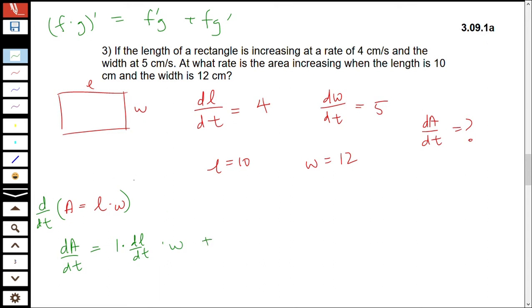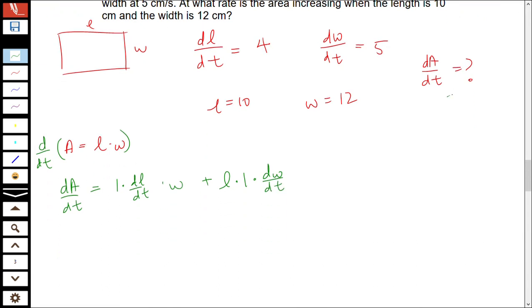And then you do the same thing with f and then g prime. So the first one stays as this, so L. And then derive this, so again 1 times, and then derive the W with respect to t. You're going to have dW over dt. And here we're looking for dA over dt, so that's what we're looking for. So let's keep that.